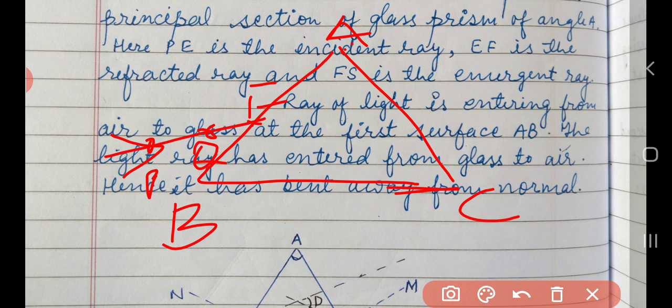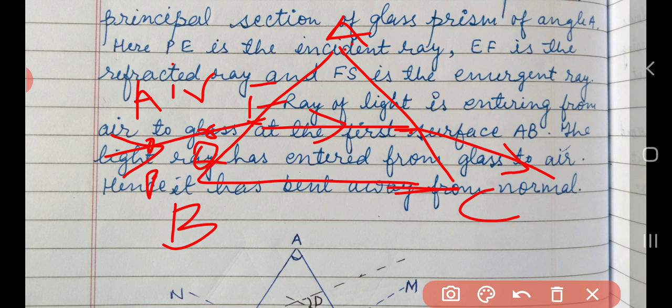So what will happen here? The light travels from air, the rarer medium, and enters into the glass prism, and it bends towards the normal. Then this refracted ray, when it passes from glass to air, bends away from the normal.